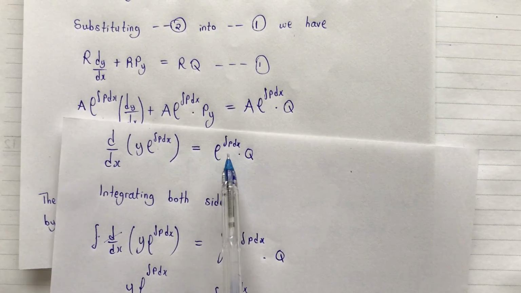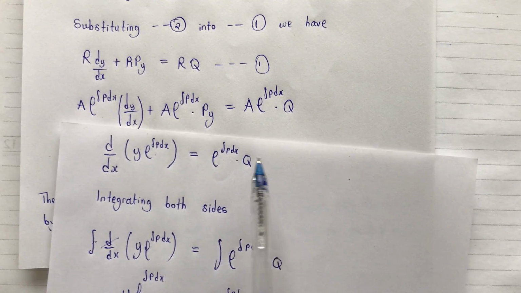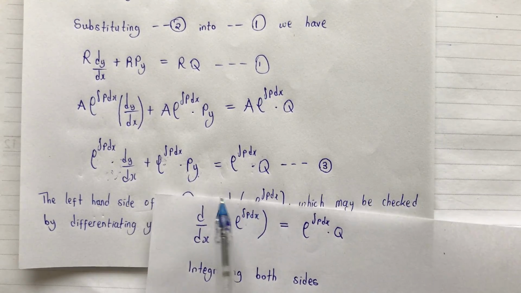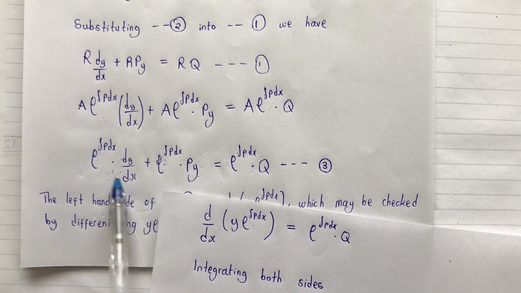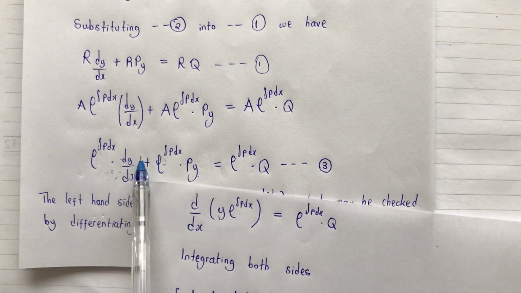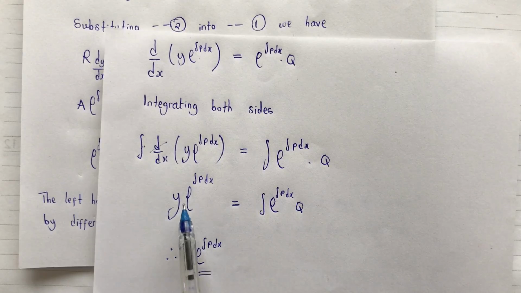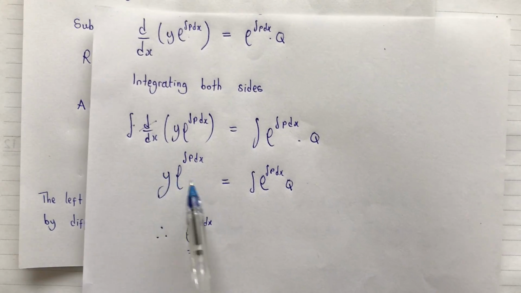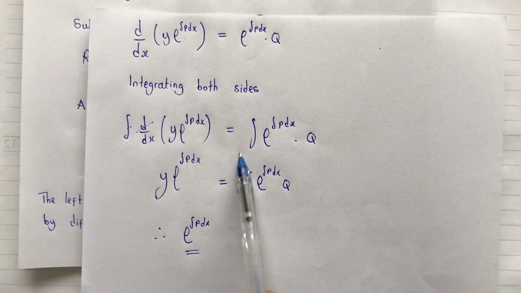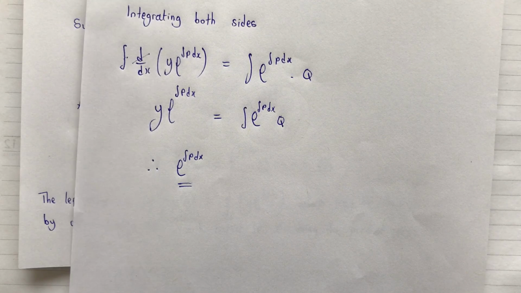By doing so, the derivative of this function will still generate the left hand side of equation 3. When that happens, apply integration on both sides, get rid of the derivative function, and integrate the right hand side of your equation to finish your calculation. So this is how we solve the first order linear differential equation.